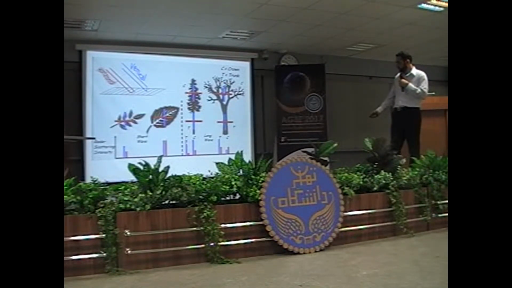You see here, the blue one is larger. What about if the tree has a structure like this? The horizontal one has become larger compared to this one, but still, vertical has a larger contribution.